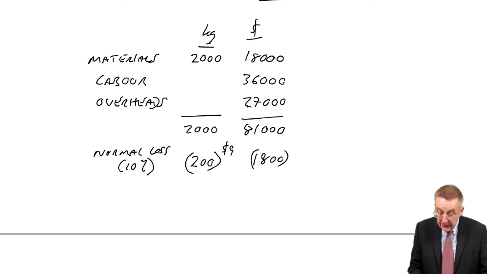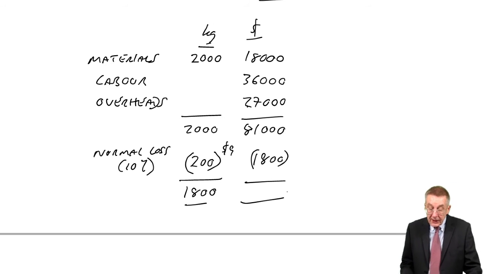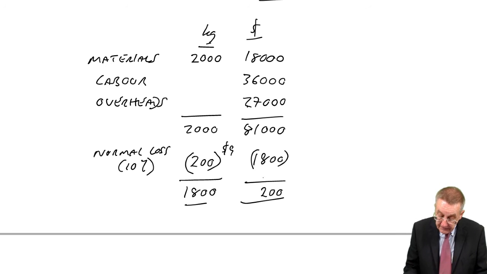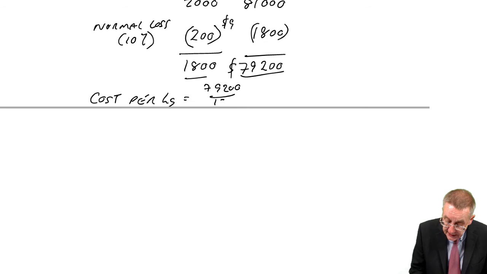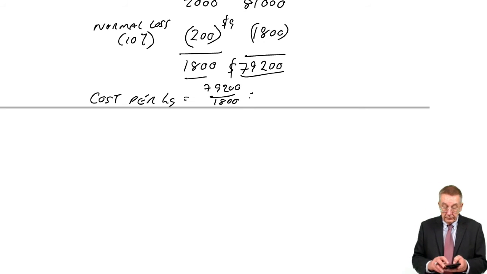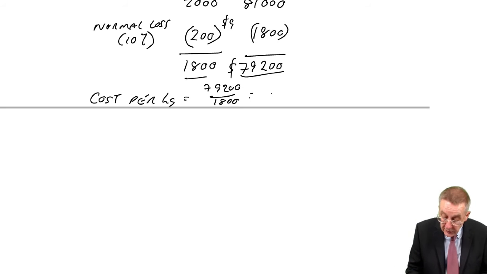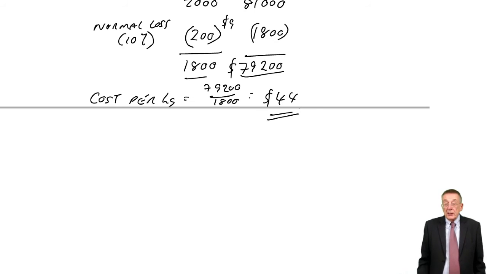And so what should happen is we end up with 1,800 kilos at a net cost of 79,200. And therefore the cost per unit or per kilo, 79,200 over 1,800 is how much? $44. There's our costing.